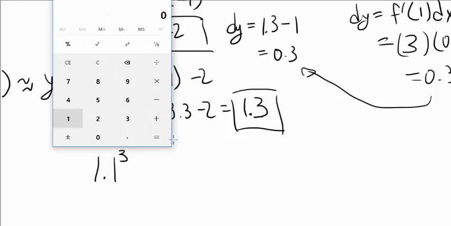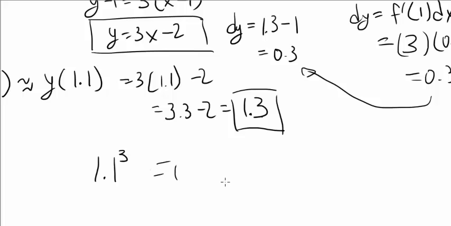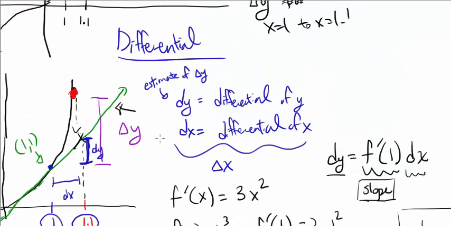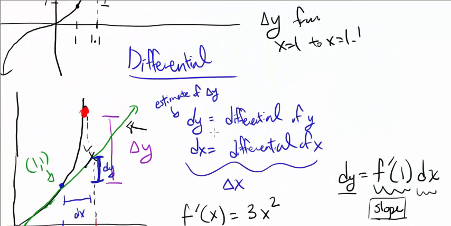Let's evaluate that. 1.1 times 1.1 times 1.1 gets you 1.331. So our approximation was pretty close using our tangent line approximation. And again, the differential dy is an estimate of delta y, the actual change in the function, using the tangent line approximation.